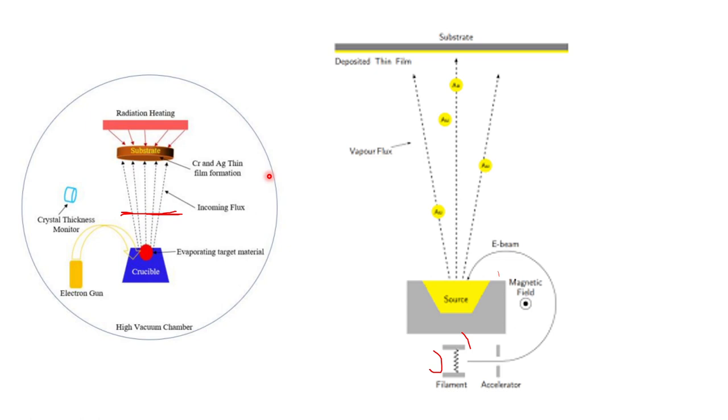For that we may have some kind of blocking mechanism here. We'll open this shutter when we know that the material in the crucible has melted completely, so that we'll have a somewhat uniform deposition rate. Is this clear? Yes.